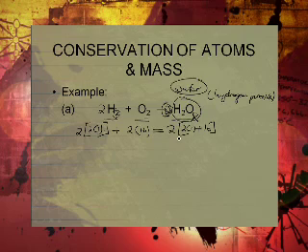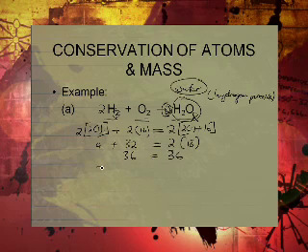That's why I used these big brackets here. So you've got 2 times 2, it's 4, plus 2 times 16, it's 32, equals, inside the brackets here, you've got 2 times 1 plus 16, it's 18. So you've got 2 into 18. Now 4 plus 32 is 36. 2 times 18 is 36.